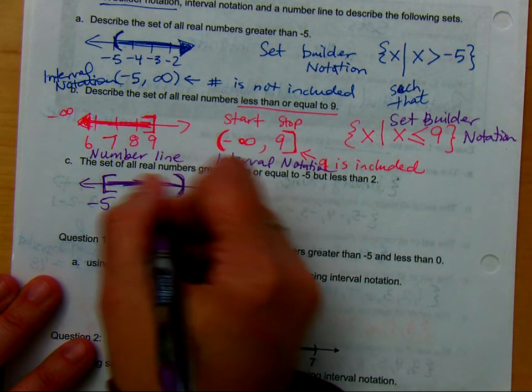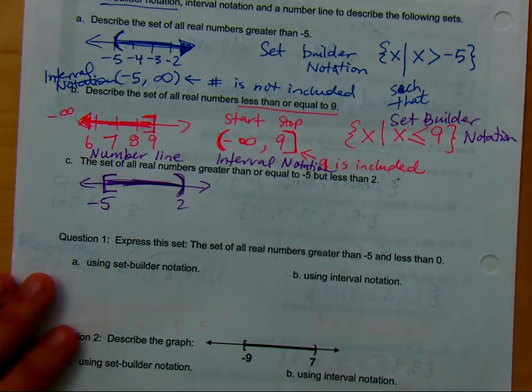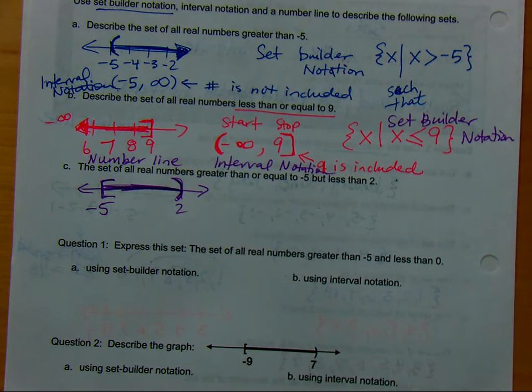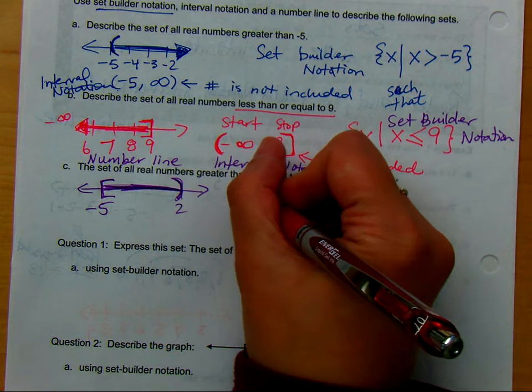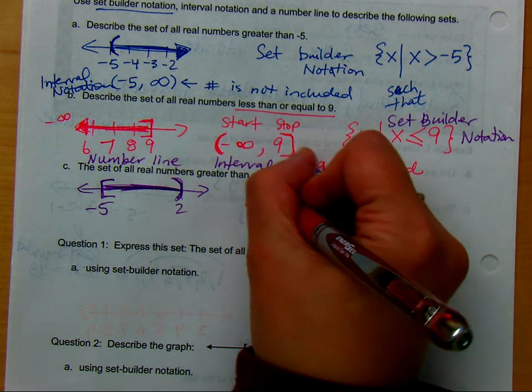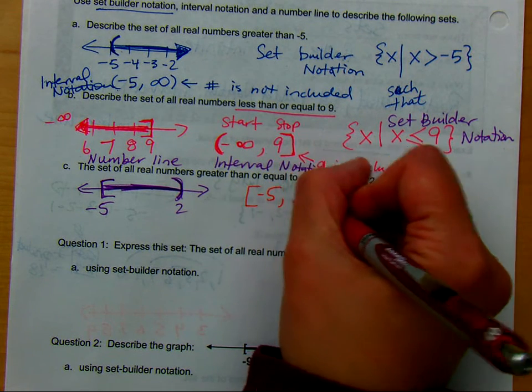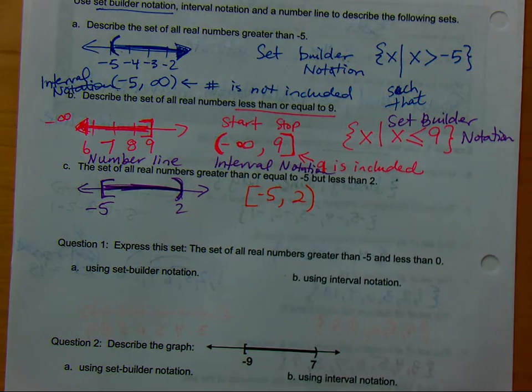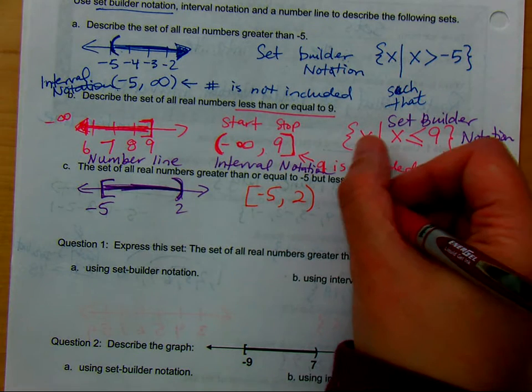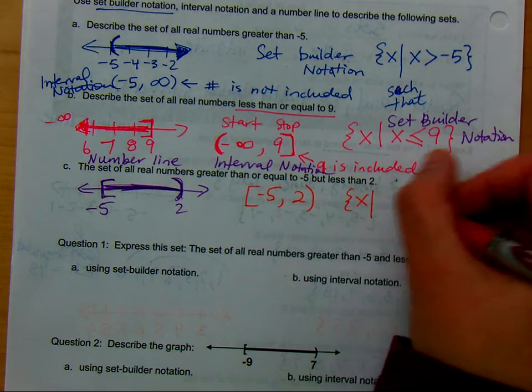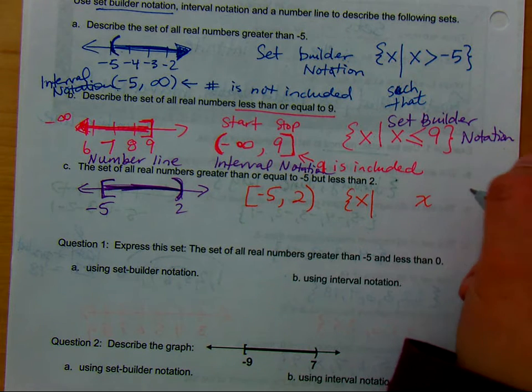So we're shading all the numbers in between. And so here our interval is going to be -5 and stop at 2.